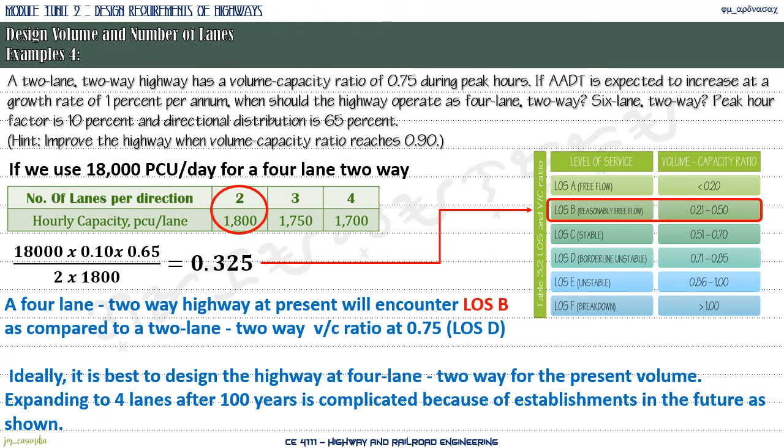So basically, it's hard to acquire right of way later on if we want to expand our 2-lane two-way highway into a 4-lane two-way highway. So for a 6-lane two-way highway, we no longer need to compute, since our 4-lane two-way highway is already okay. Kasi kaya na niyang mag-reach. So, it will take 100 years before it reaches the 0.9 volume capacity or LOS E, which is unstable.